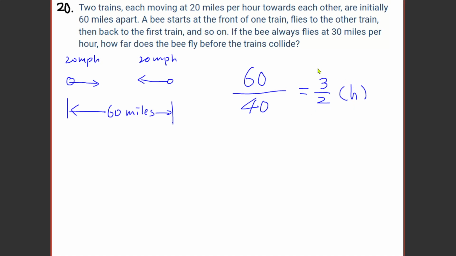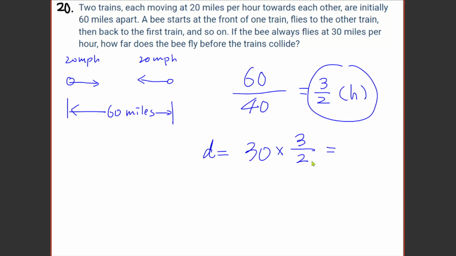That means the total time the bee flies is also 3/2 hours, right? So the total distance it flies equals its speed, 30 miles per hour, times the time it flies, which is 3/2. So basically you have 45 miles, right? Did you get it?